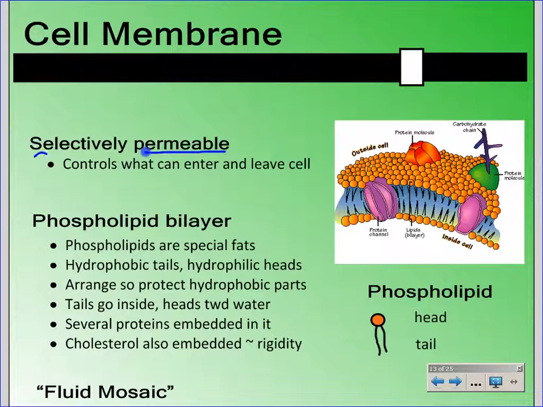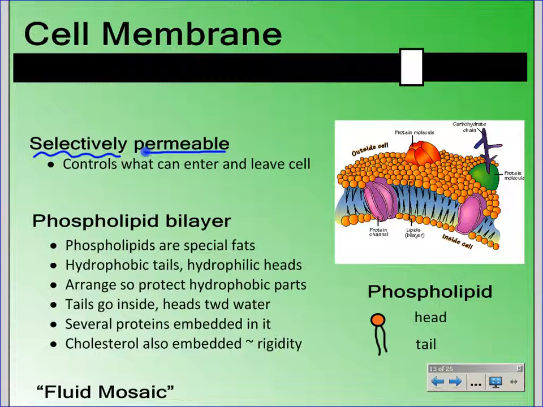If we put selectively in front, selectively permeable means only certain things are going to be allowed to go in or out, to pass through. So the cell membrane is selectively permeable, and that's important because it controls what can go in or out of the cell. The second phrase is that it's a phospholipid bilayer.